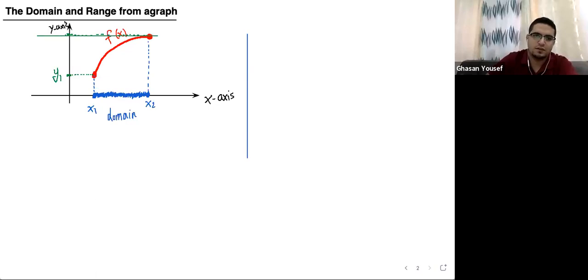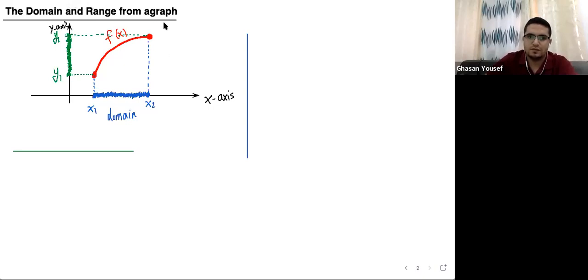And all these values are used as the answer or the output after we plug in the domain values. By the way, the domain is the input and the range is the output.